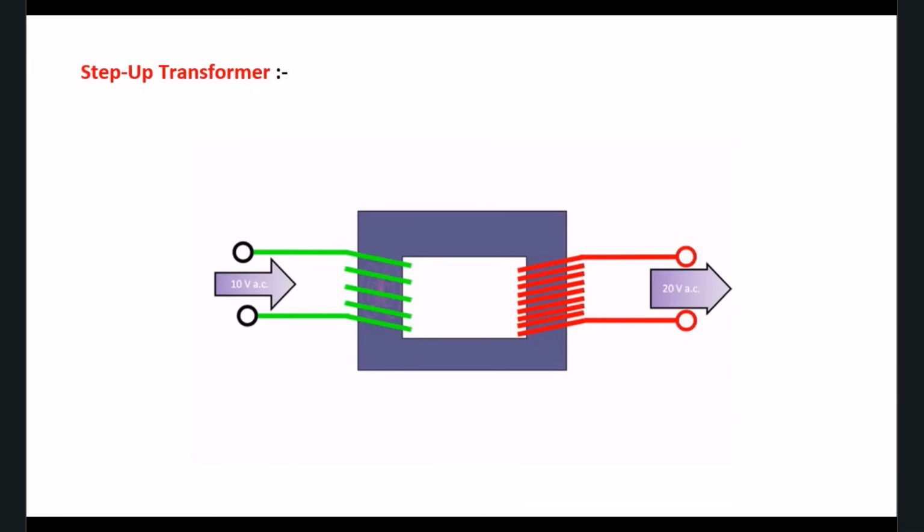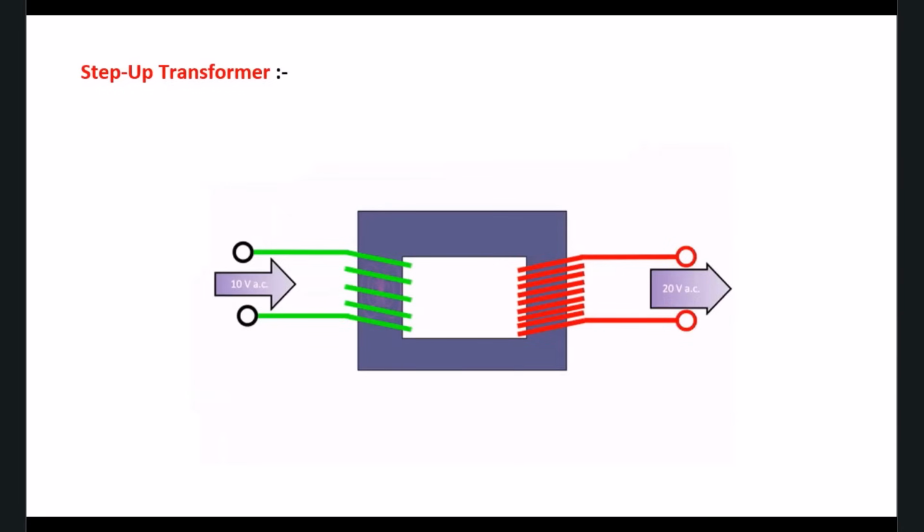Sorry, the number of windings at the primary side is less as compared to the number of windings on the secondary side. This type of transformer where N2 is greater than N1 is called a step up transformer.